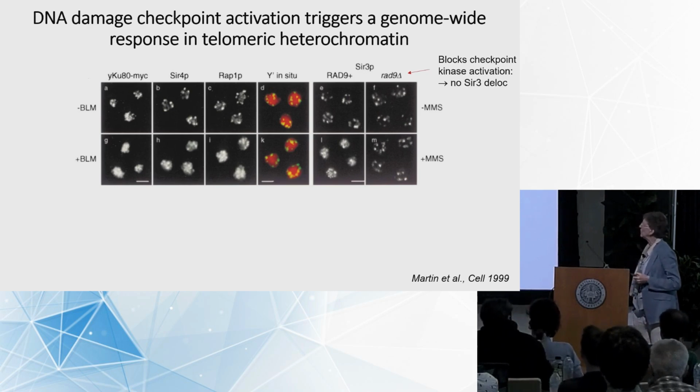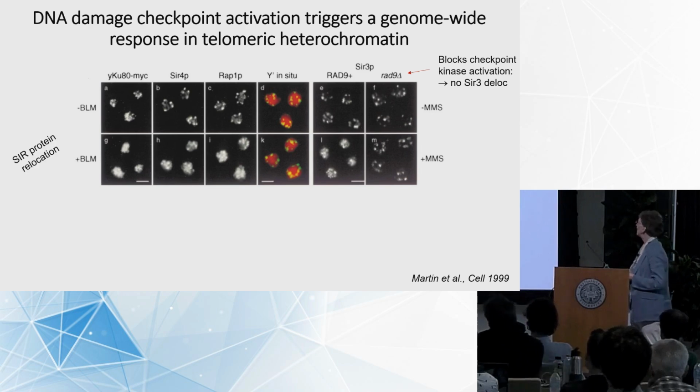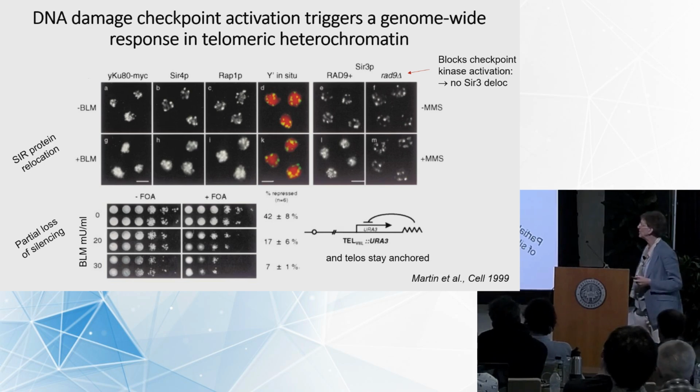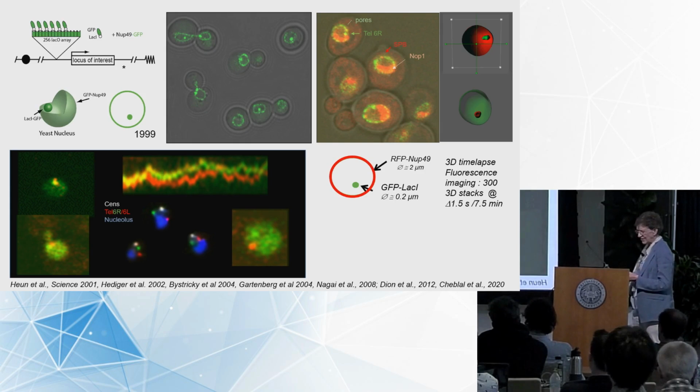Now, if you block the checkpoint, it doesn't become dispersed. That was interesting. And if you asked what happens to telomeres, the telomeres stay anchored, but they become partially, not completely, maybe tenfold de-repressed. At this time, we were studying all kinds of single molecule or single site behaviors by tagging loci in yeast and tracking them in real time.